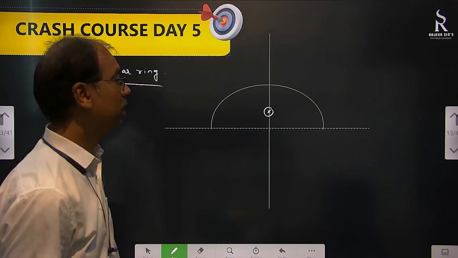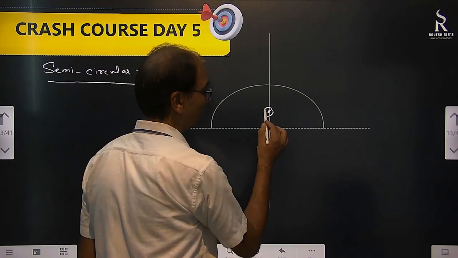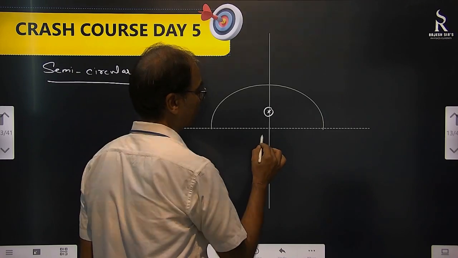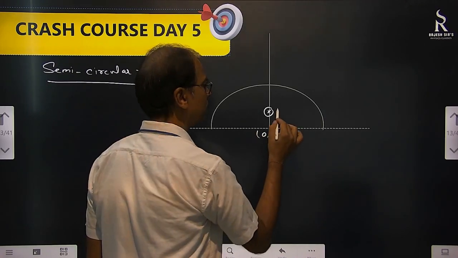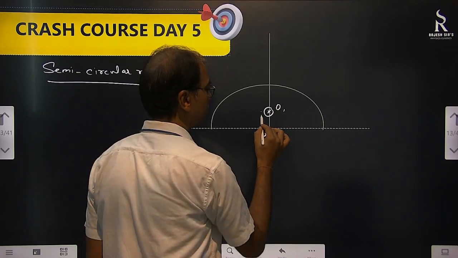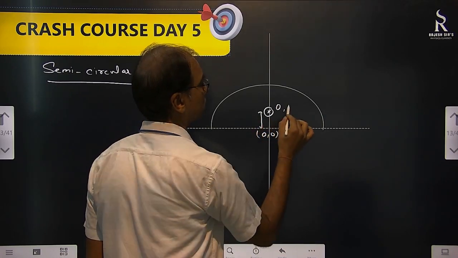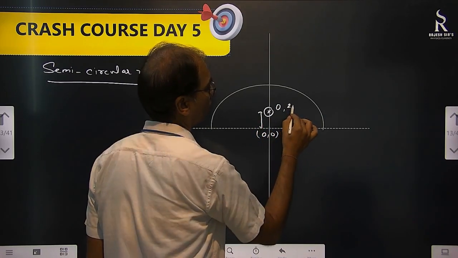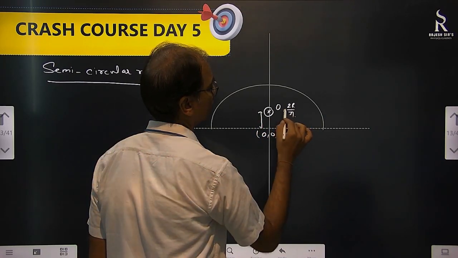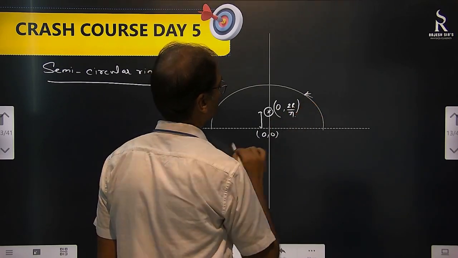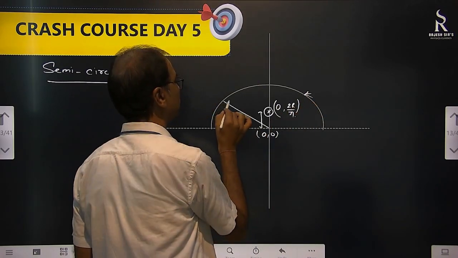But the question is, what is its y coordinate? The x coordinate we said is 0, if we take this as the origin. But what is this? This is 2r by pi, where r is the radius.